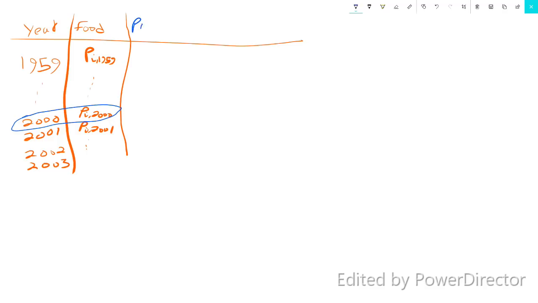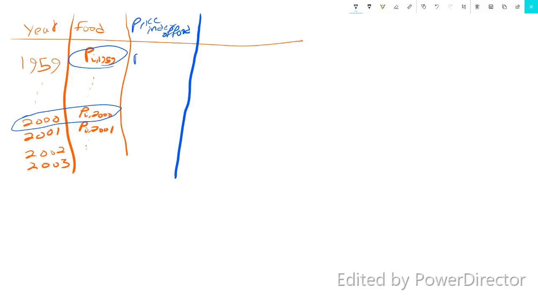This will be our price index of food. The price index of food for each and every year is going to be equal to this value divided by this value, right?